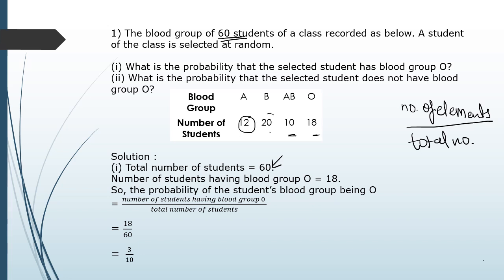Now, for the first question, we have to find out the probability that the selected student has blood group O. Let's see from the table how many students we have for blood group O. For blood group O, if you observe, we have a total of 18 students.